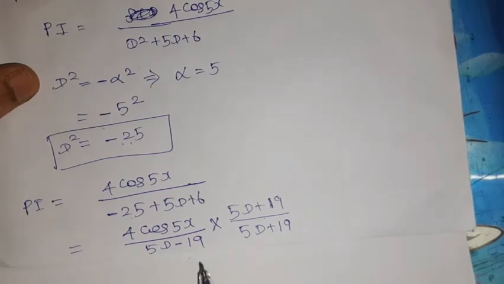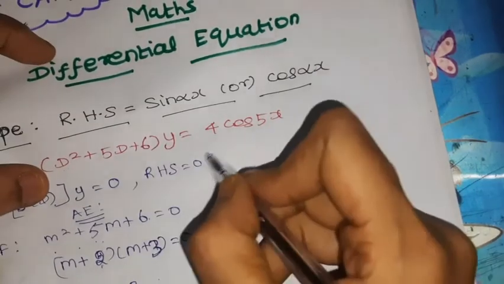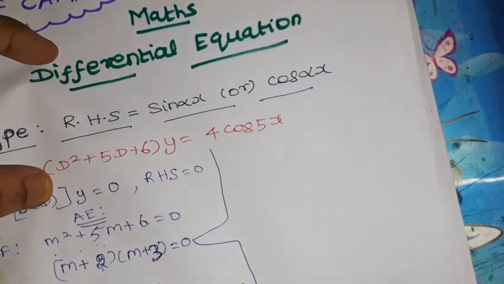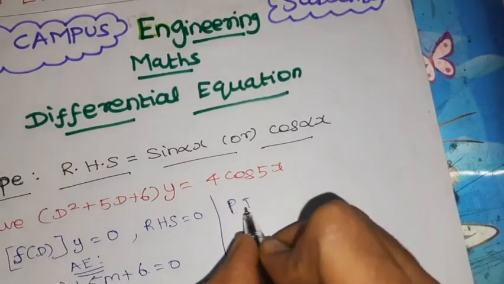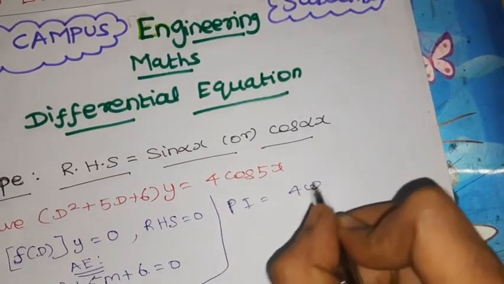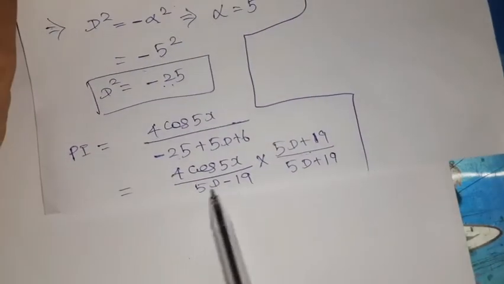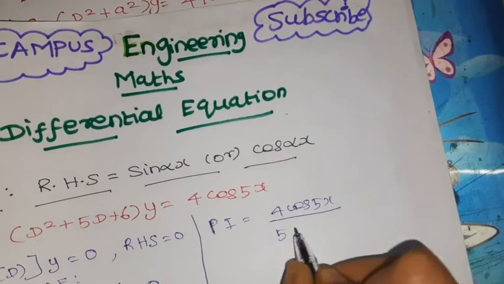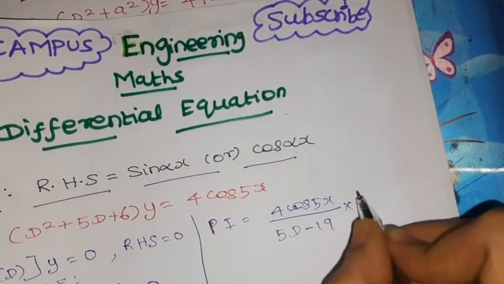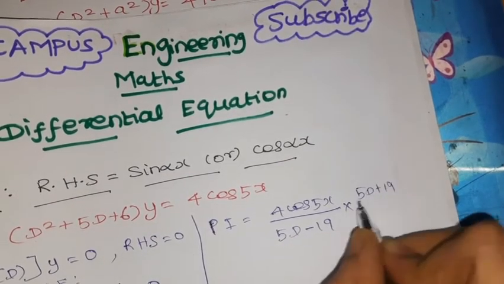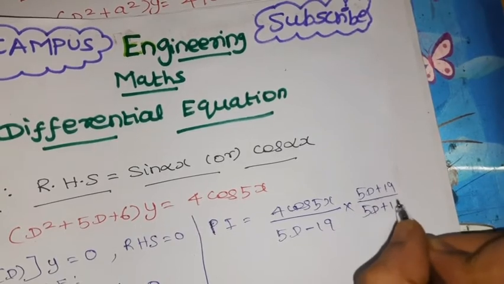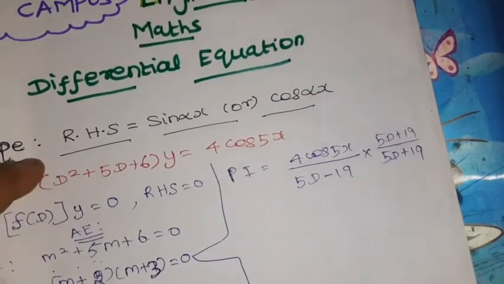So we need to multiply inside, so I am writing here. This is the RHS: 4 cos 5x divided by (5D minus 19). We need to multiply by (5D plus 19) in the numerator as well as the denominator.